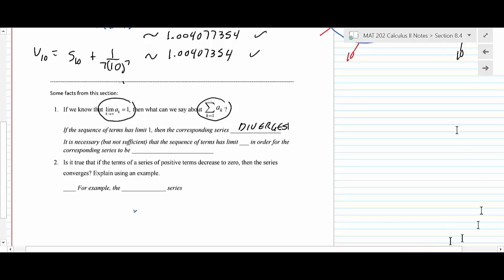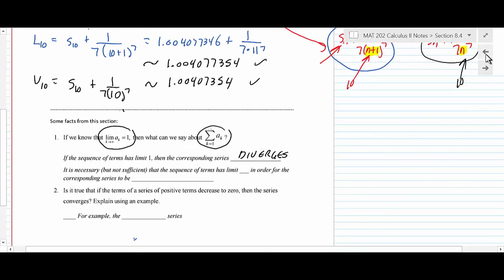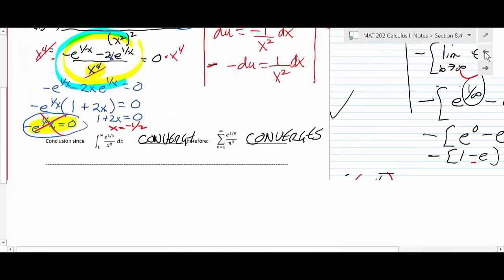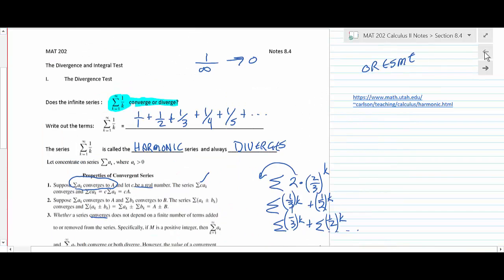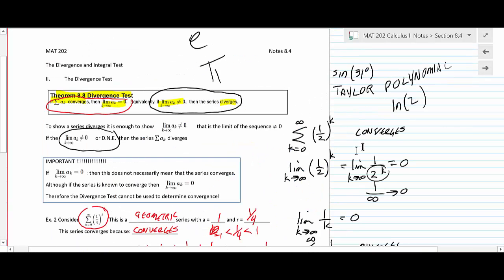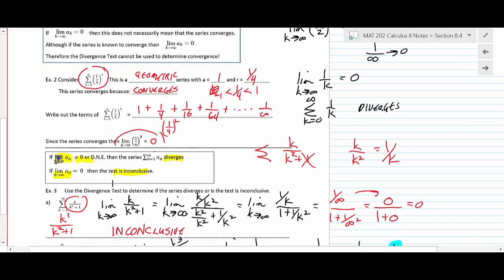I'm going to scroll back to where I had the divergence test so I can remind you of what that is. Basically, if the limit was not equal to 0 or does not exist, then we diverge. If the limit of the sequence was 0, then it's inconclusive.